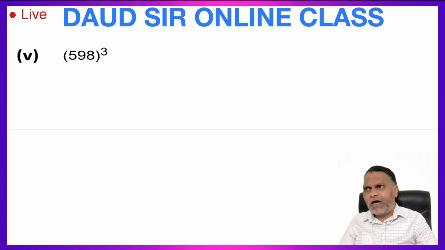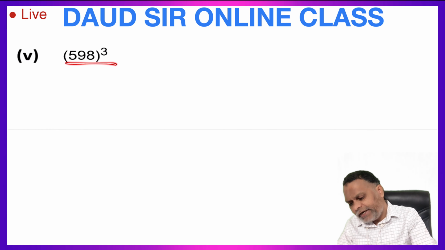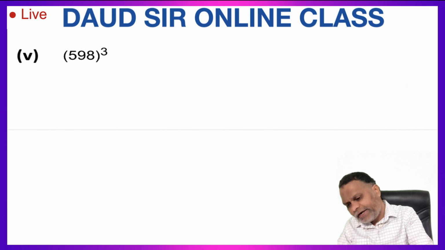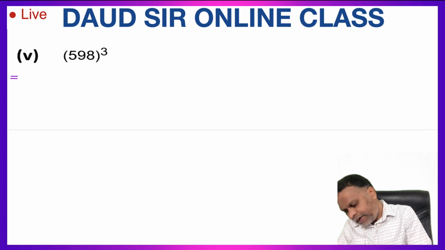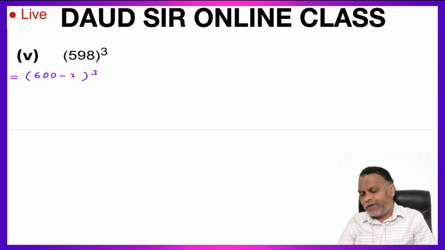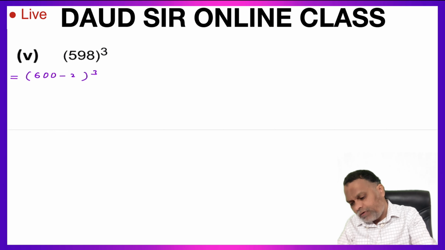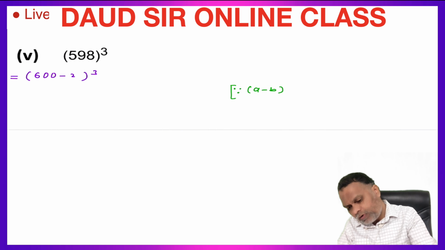Question number 11, part 5th, 598 whole cube. So this 598 whole cube can be written 600 minus 2 whole cube. 600 minus 2, 598. Now apply the identity. Since a minus b whole cube is equal to a cube minus b cube minus 3ab into a minus b.